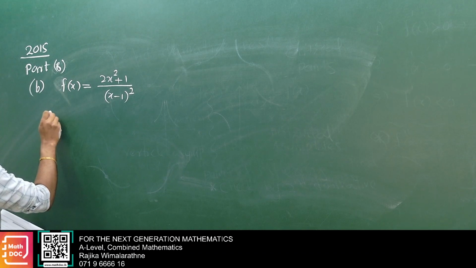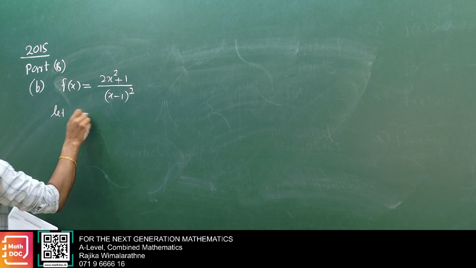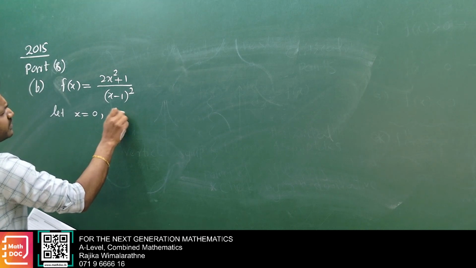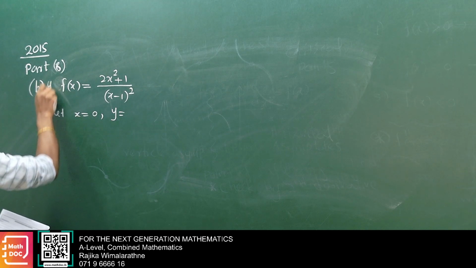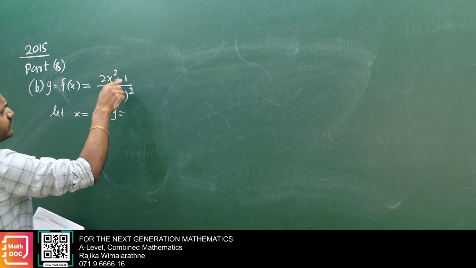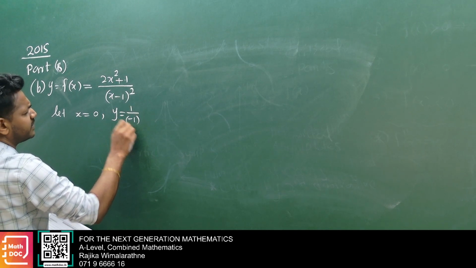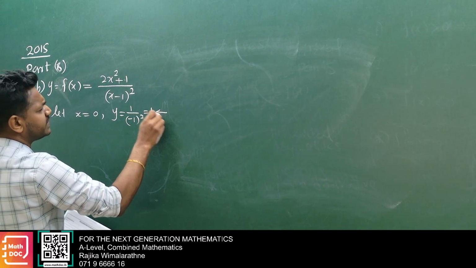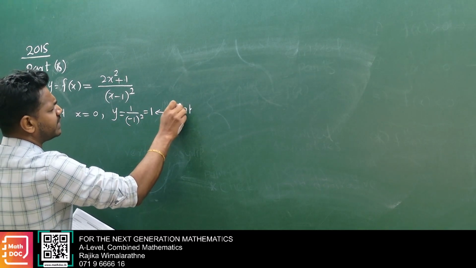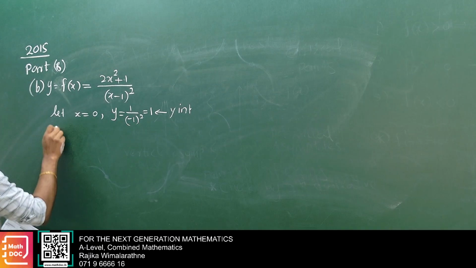The way is, let x equal 0, then you find the corresponding y value. When x is 0, y is 1 divided by (minus 1) squared, so we get 1. This is the y-intercept. Now do with me.